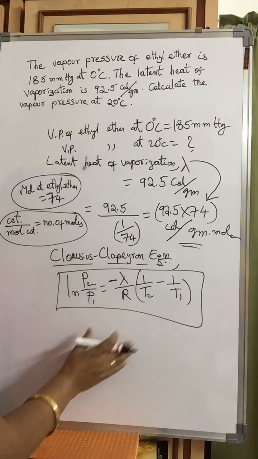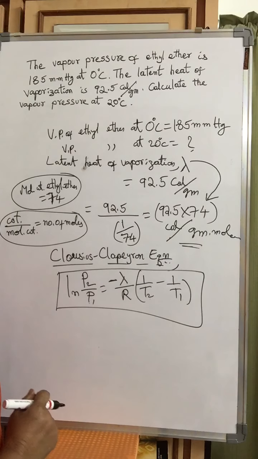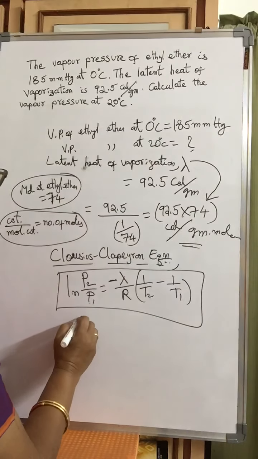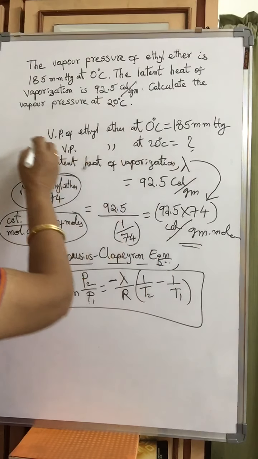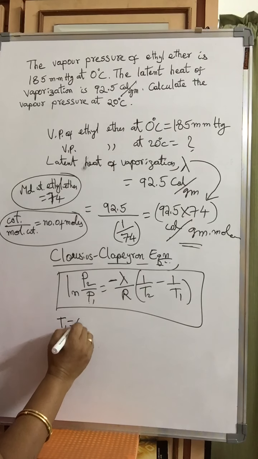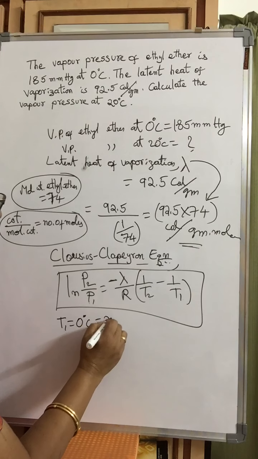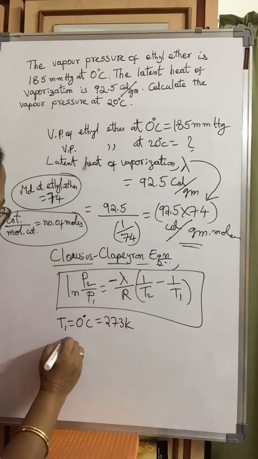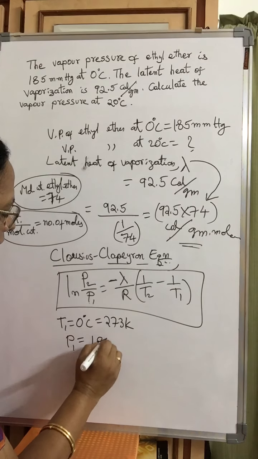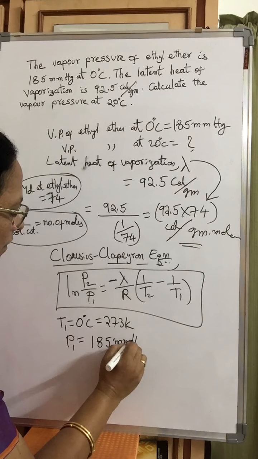Okay, so we can use this equation like this. Therefore, T1 is equal to 0 degrees centigrade, that is 273 Kelvin, and P1 is equal to 185 mm Hg.